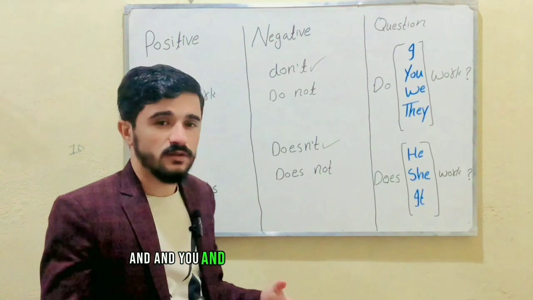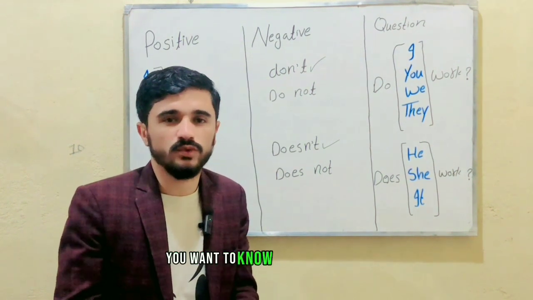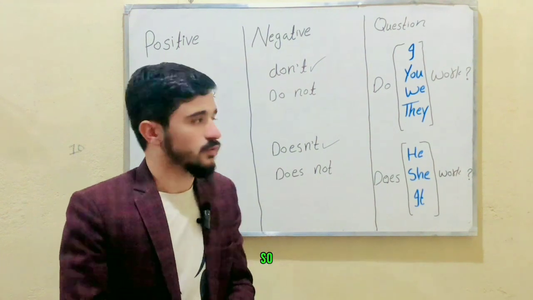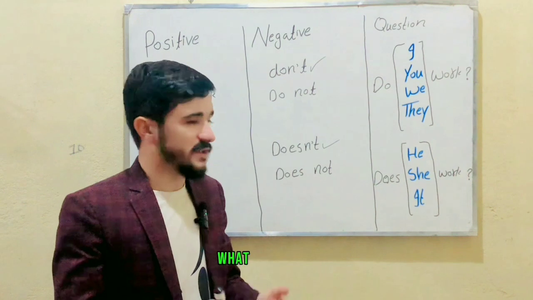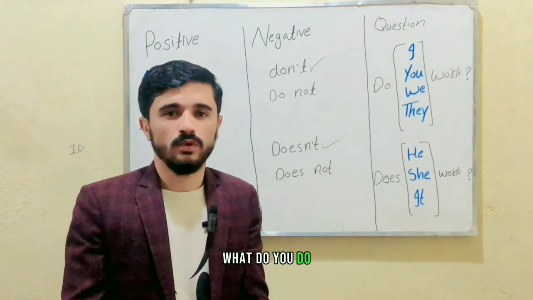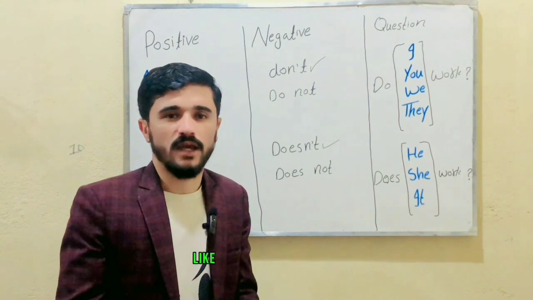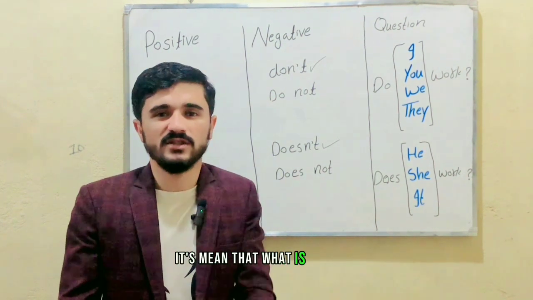And if you want to know about someone's job, what he does, you ask, what do you do? What is your job? What do you do means what is your job.